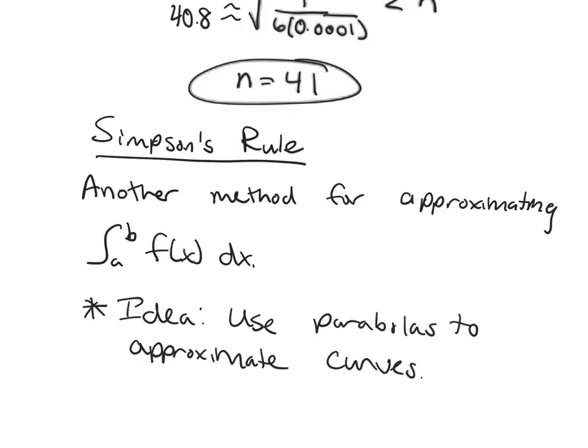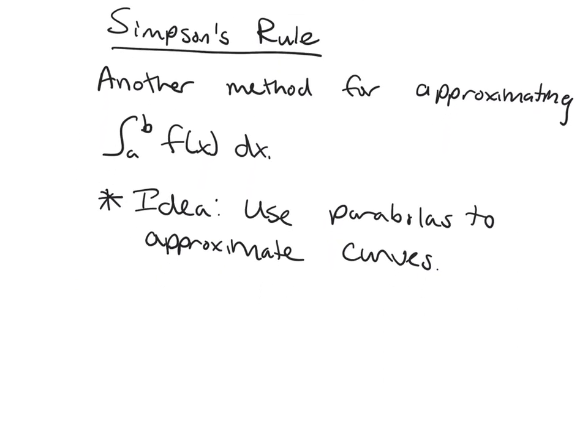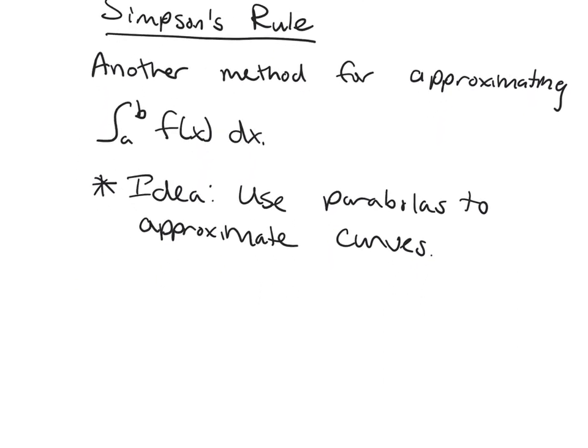Okay? And I don't really want to get into all the messy details of this. I think your book has a proof of the formula that I'm about to give you, so if you want to look at that, you can. But what it says is that the integral from a to b of my function is approximately this S sub n that you get from Simpson's rule.